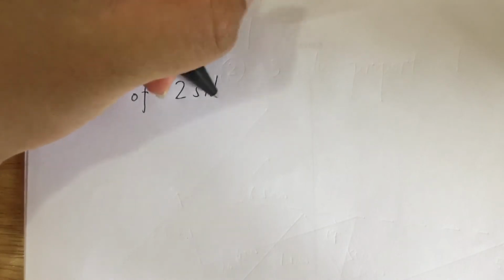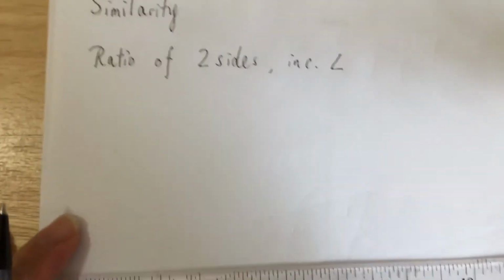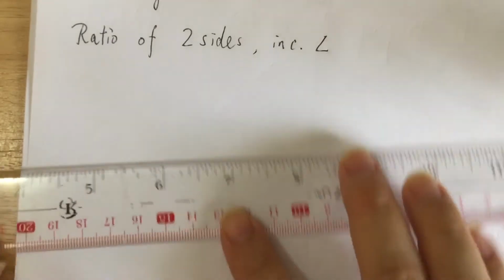Another similarity is the ratio similarity. Is the ratio of 2 sides include angle. Okay, now to make it easy, if I want to prove that they are similar, why don't we overlap it?